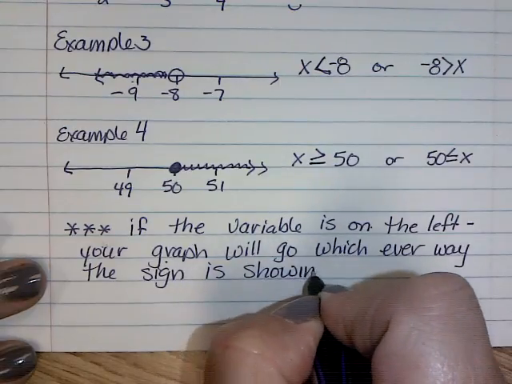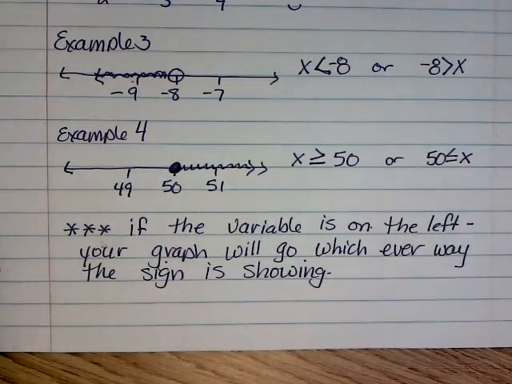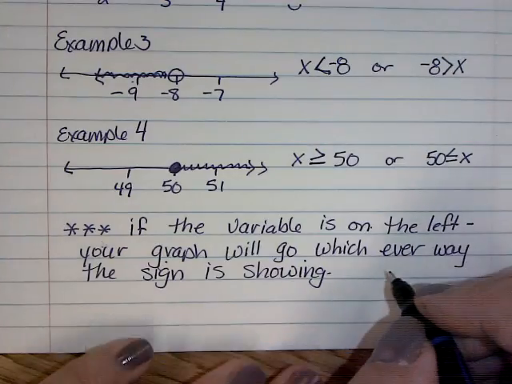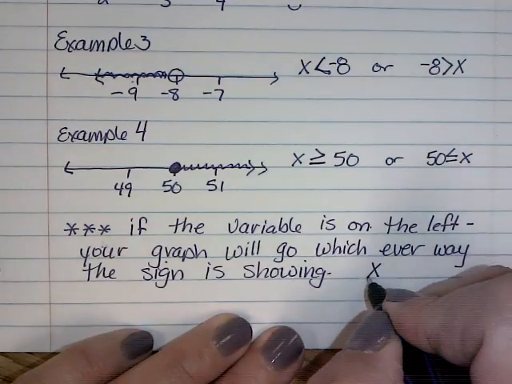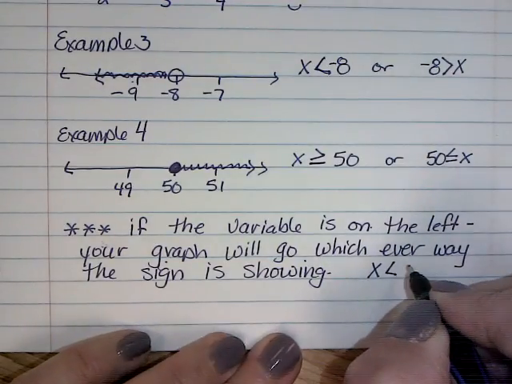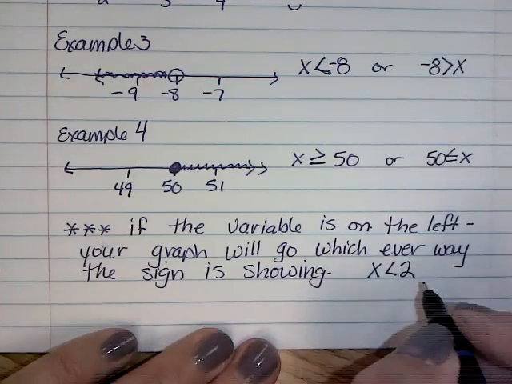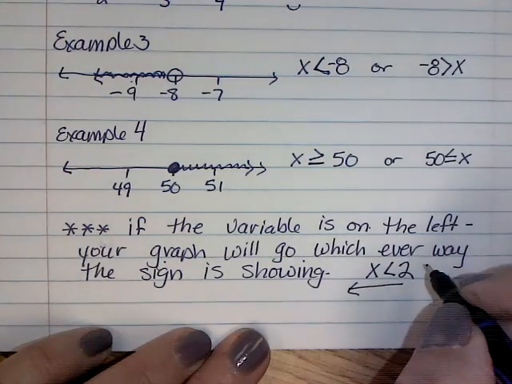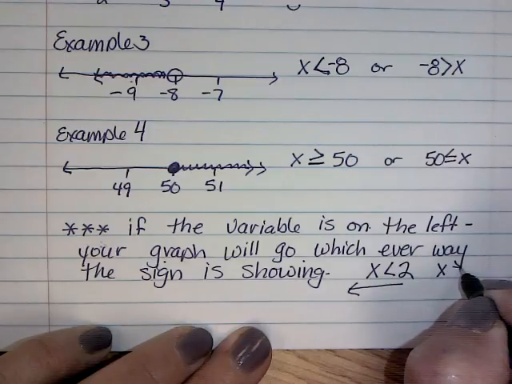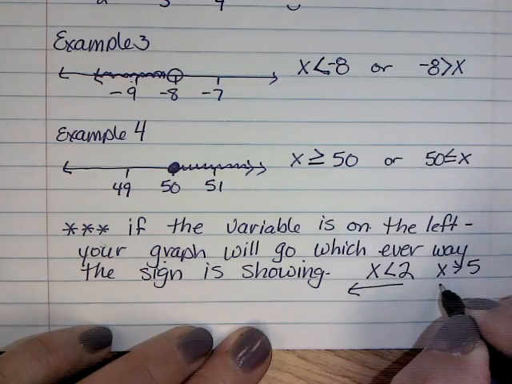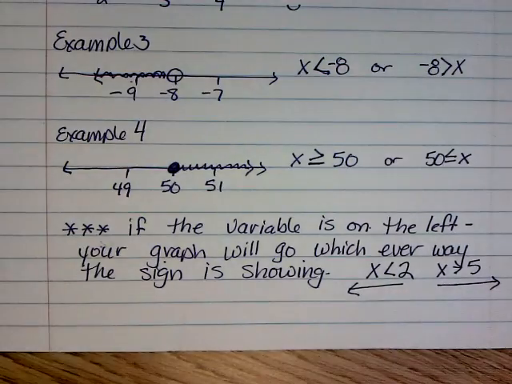Just so you kind of remember about that. So for an example, if I have x less than 2, my graph is going to be going in that way. If I have x is greater than 5, my graph's going to be going in that way.